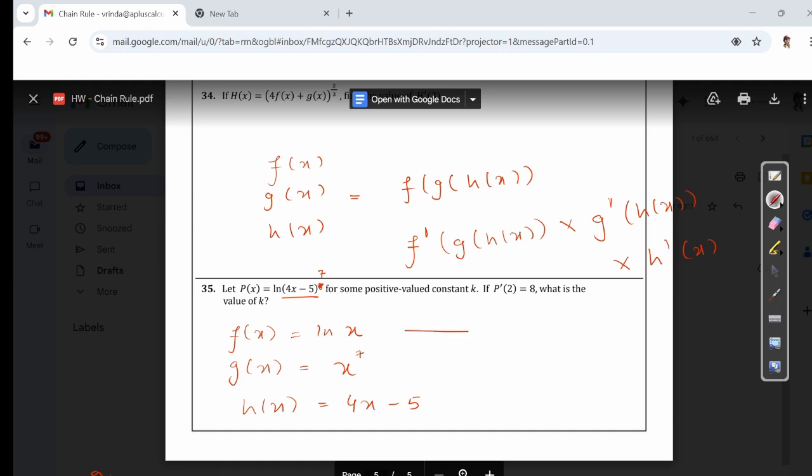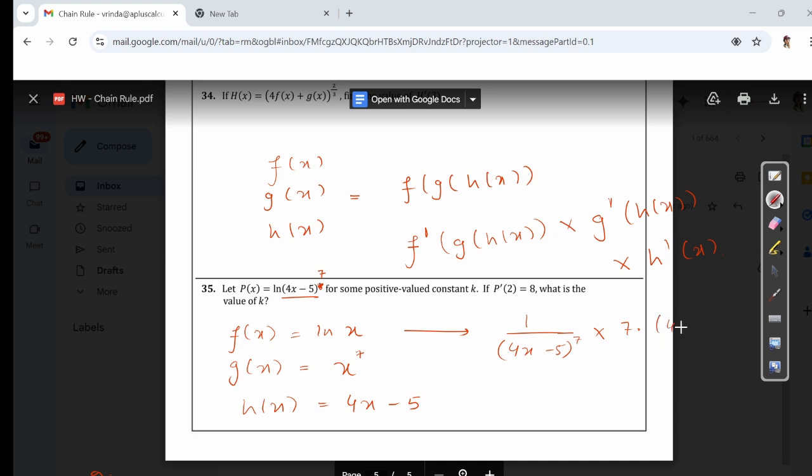So Anika, derivative of ln x is 1 over x, but we don't have x, we have this whole thing. So 1 over 4x minus 5 raised to 7 times derivative of x raised to 7, that is 7 times x raised to 6, but we don't have x, we have 4x minus 5, so you replace it by 4x minus 5.